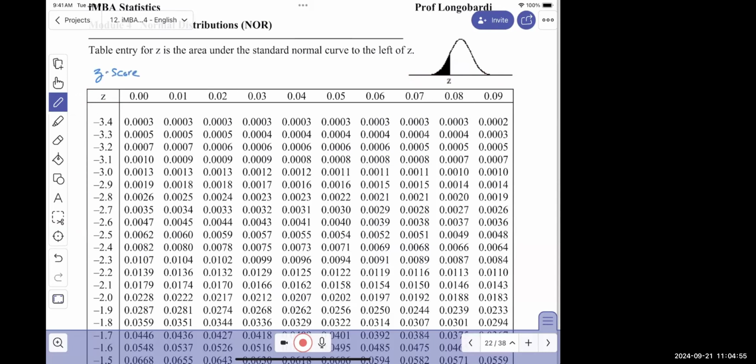Negative 3.49. And then this is the value here, 9, and it corresponds to... inside the table here are percentiles. This is the area to the left of this value. So this is going to be this one, 0.0002.